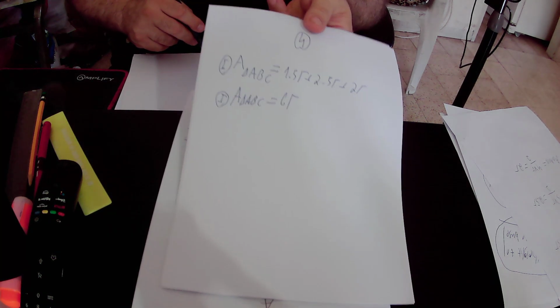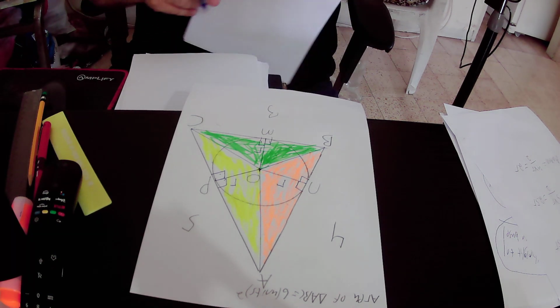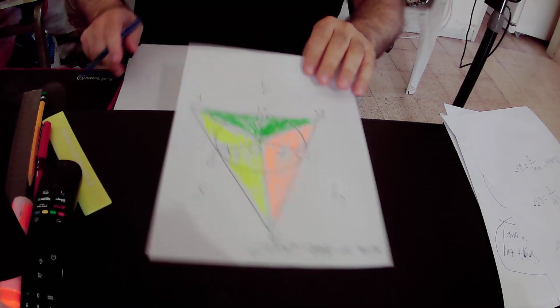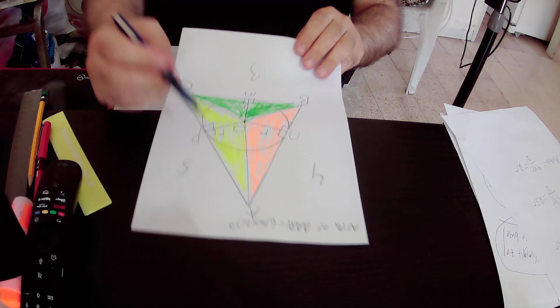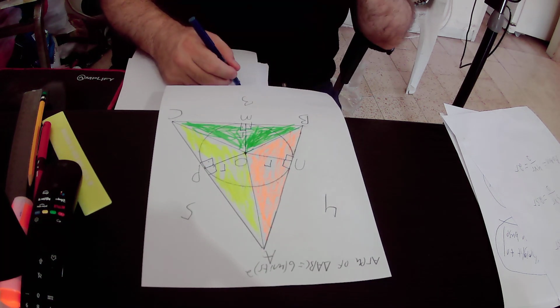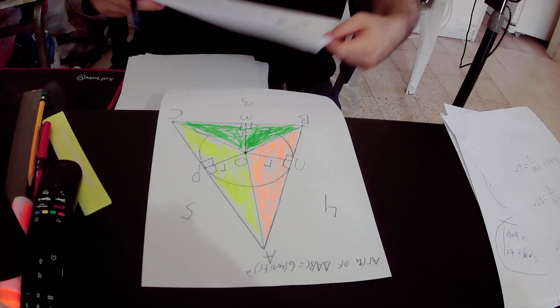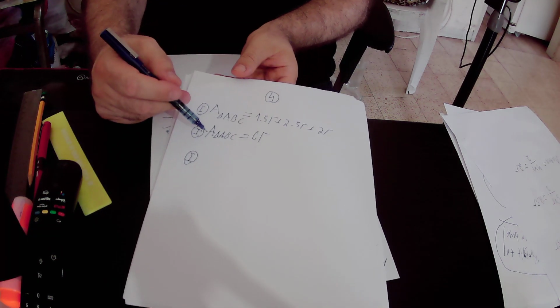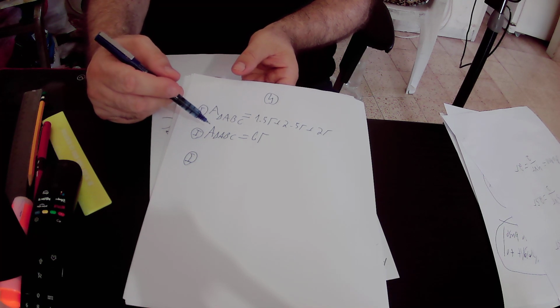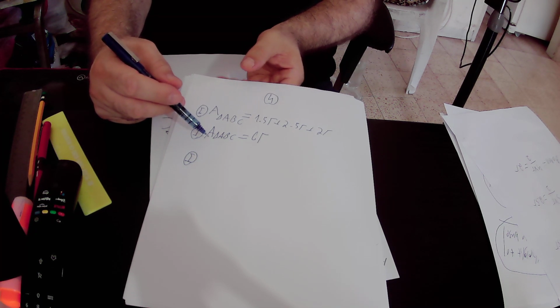But we already know that the area of triangle ABC equals 6 units squared. It is given us in the question, so we can substitute the area of triangle ABC in equation number 1 by 6, because the area of triangle ABC equals 6 units squared.